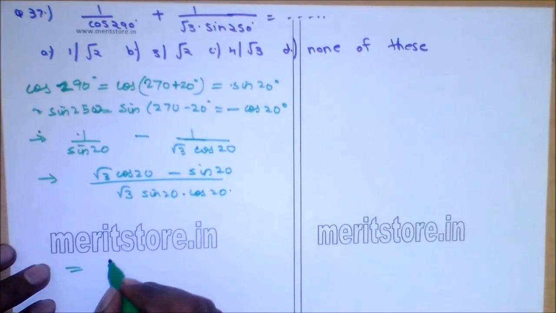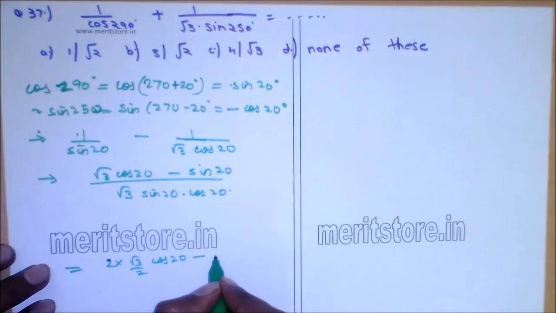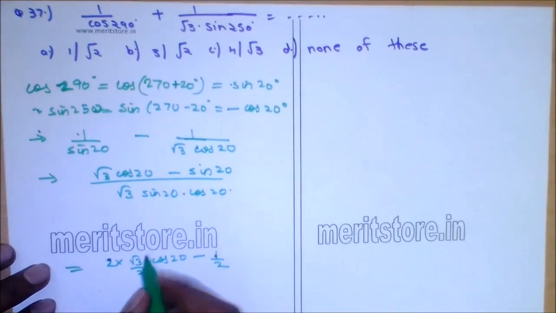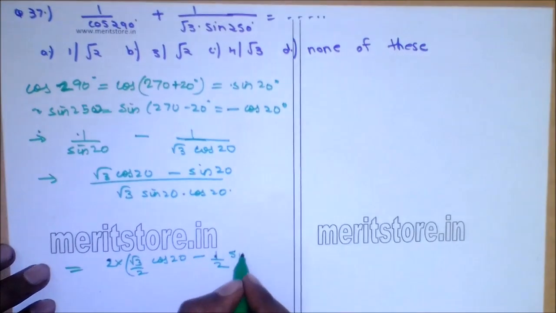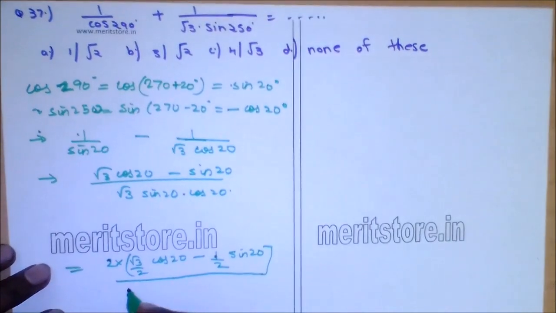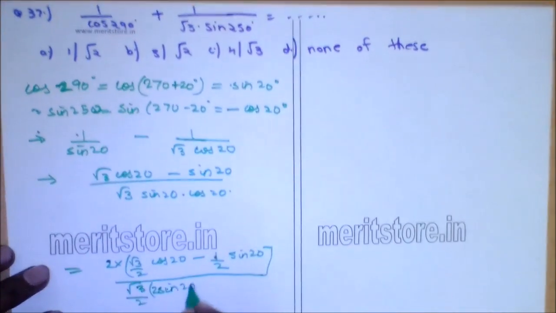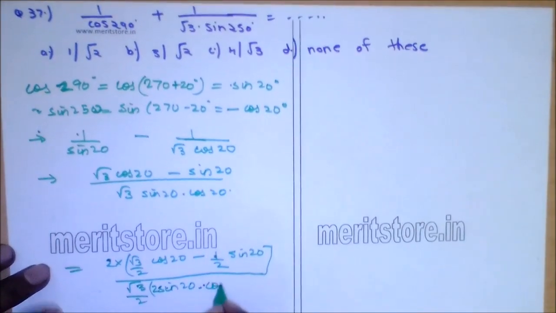So we get 2 into root 3 by 2 cos 20 minus half into sin 20, and similarly in the denominator root 3 by 2 times sin 20 into cos 20.